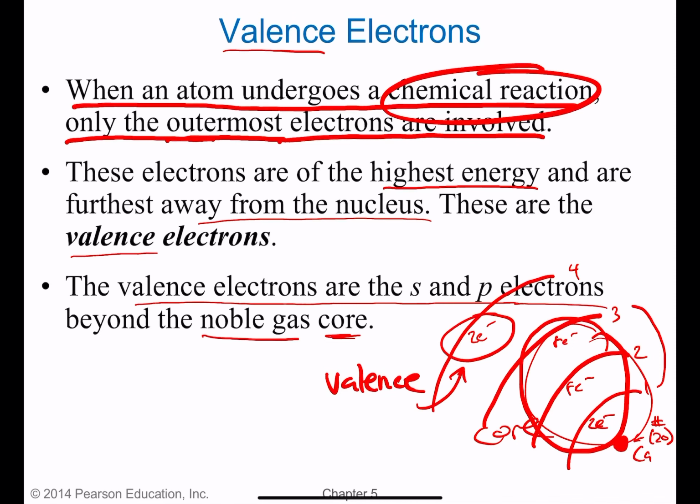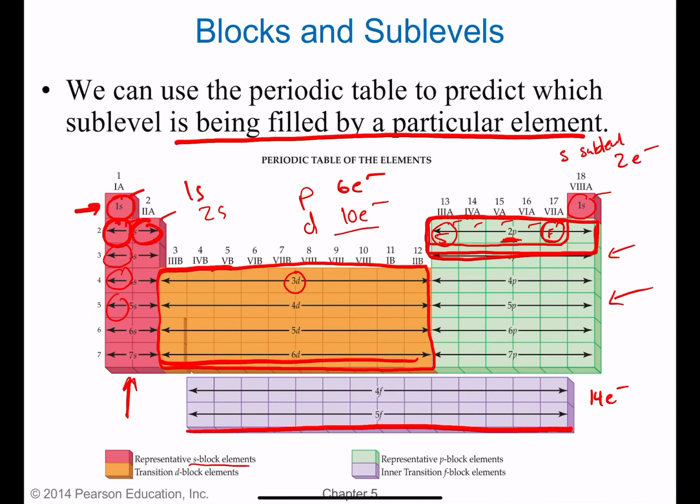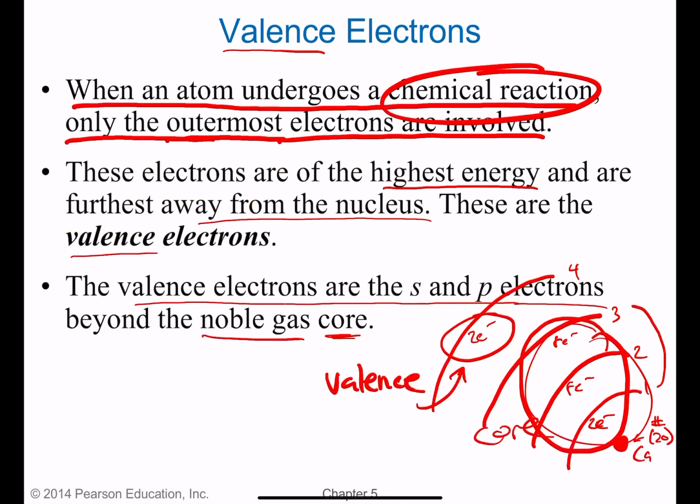Now they're calling it the noble gas core because remember, this column here, these are basically the noble gases. One thing that's very special about the noble gases is their energy levels are completely full.